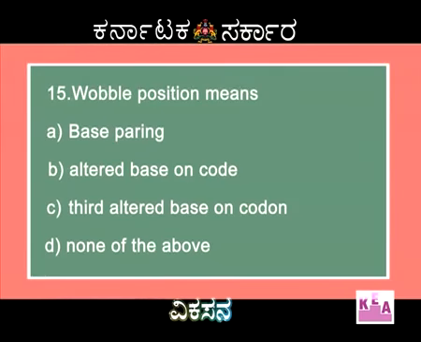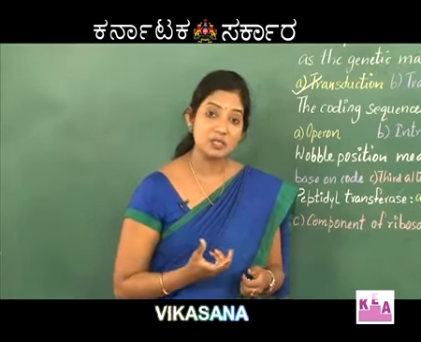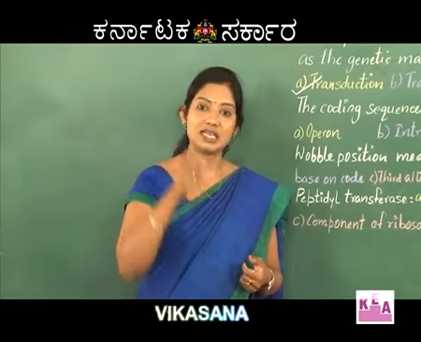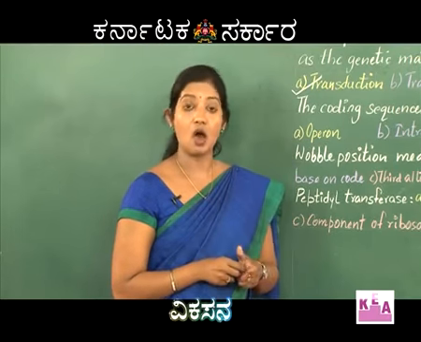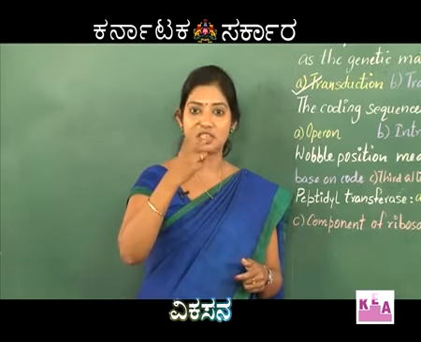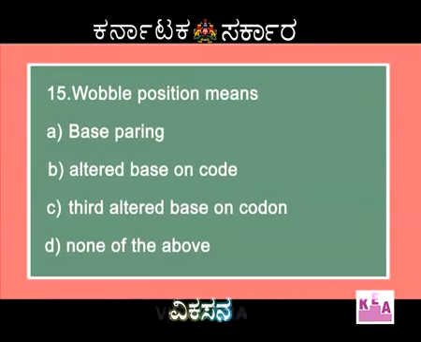Generally when complementary base pairing takes place between the anticodon of the transfer RNA and the codons of messenger RNA, all the three have to be complementary with each other. But according to Wobble hypothesis, the last one, if it is not exactly complementary, will also help both these to combine with each other. And the last one, both B and C, is also just to mislead you.